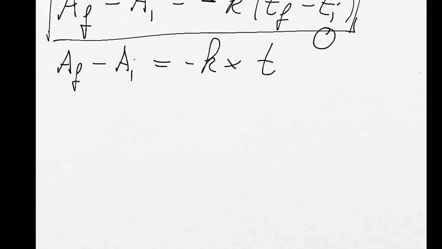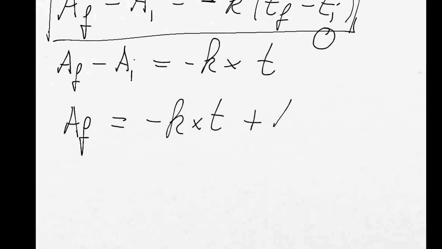How do we do that? Well, we just bring A initial to the other side, and we have A final equals minus K times T plus A initial. Yeah, just brought the A initial with the opposite sign to this side here.